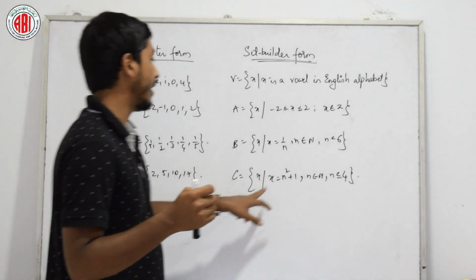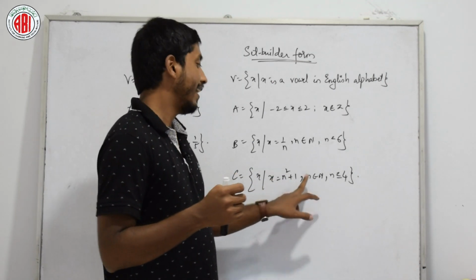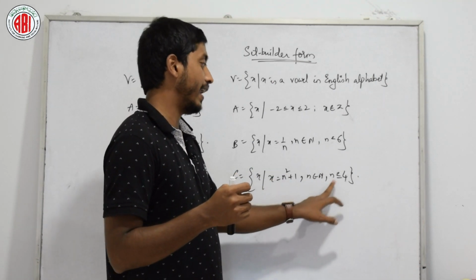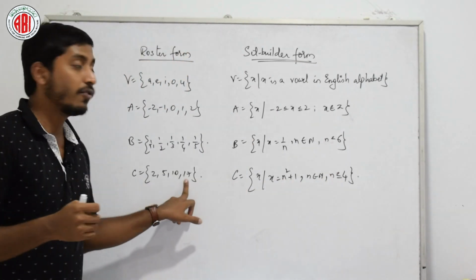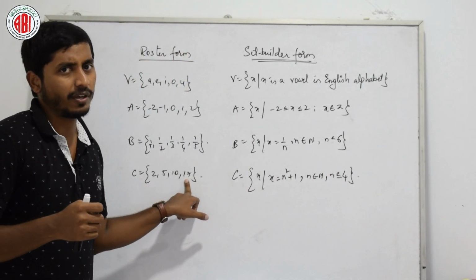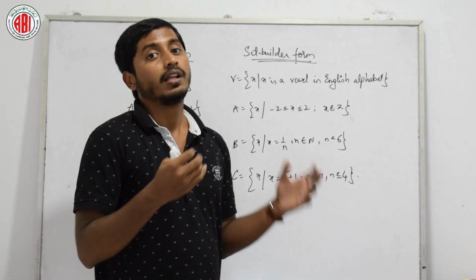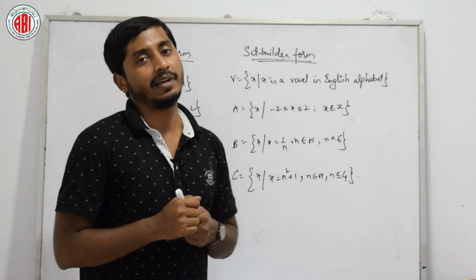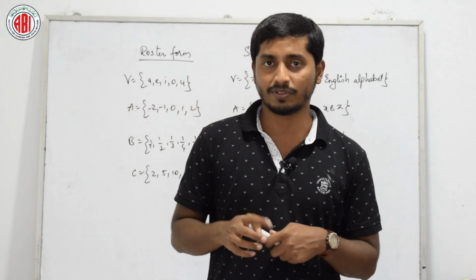That is nothing but x is equal to n square plus 1, where n belongs to natural numbers and n is always less than or equal to 4, up to 4 square plus 1. Hope you can understand. These are different kinds of roster form and set builder form. Is it clear? Shall we move on to the next concept?